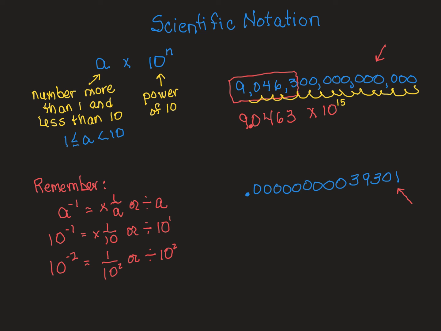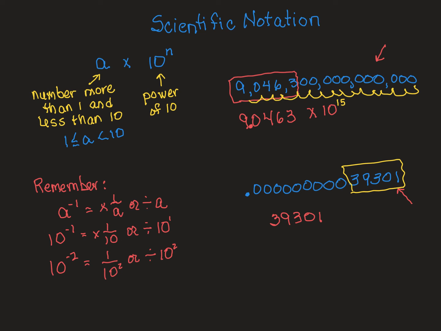But we can also do it for little teeny numbers. Look at this number. It's so small. Where are the significant digits? Well, they don't start till here. Here are the significant digits: 3, 9, 3, 0, 1.